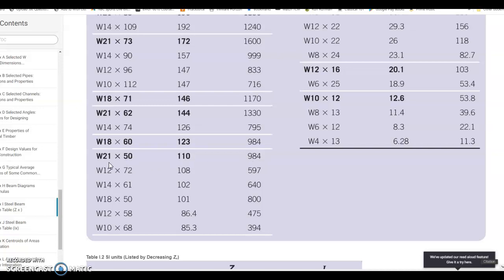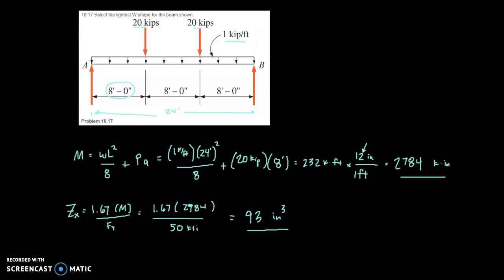So it just makes sense to use the W21 by 50, assuming that there are no clearance issues, that having a 21-inch deep beam isn't going to cause someone to hit their head on the underside of the beam when they walk below it. It just makes sense to go with the one that has the same weight but higher section modulus and higher moment of inertia.